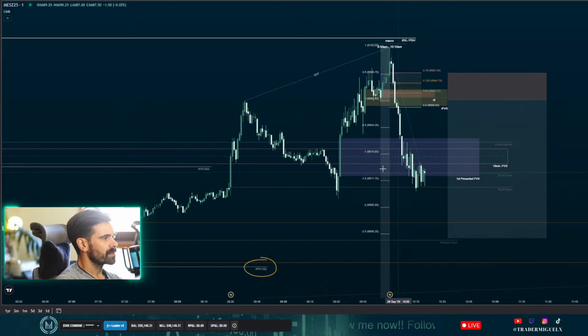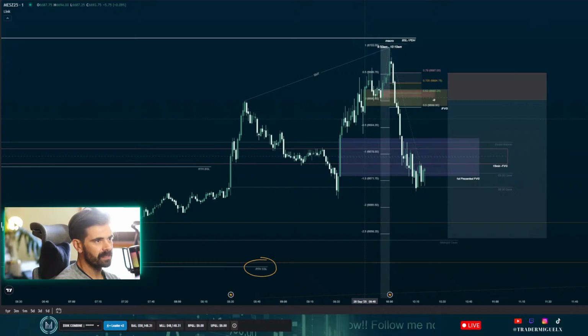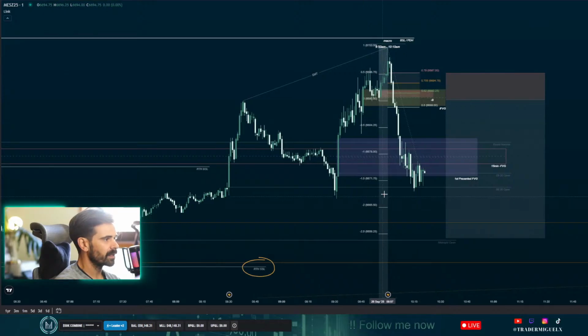So price kind of stopped here at minus 1.5. Right now we have some sort of an SMT in between ES and NQ on these lows.